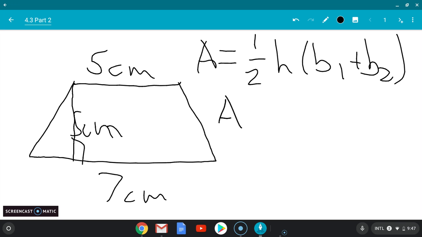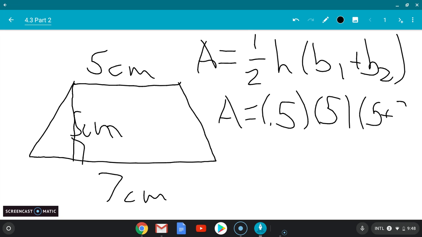Okay, so in this case, I'm going to put 0.5 for half in parentheses because that's how I'm going to enter it into the calculator. My height is 5. That's gone in parentheses. And then I have 5 plus 7 in parentheses for my base 1 and base 2. All right. Going to simplify this a bit.